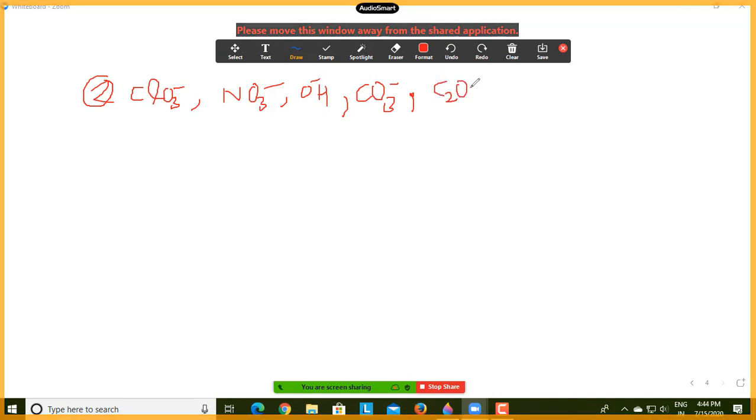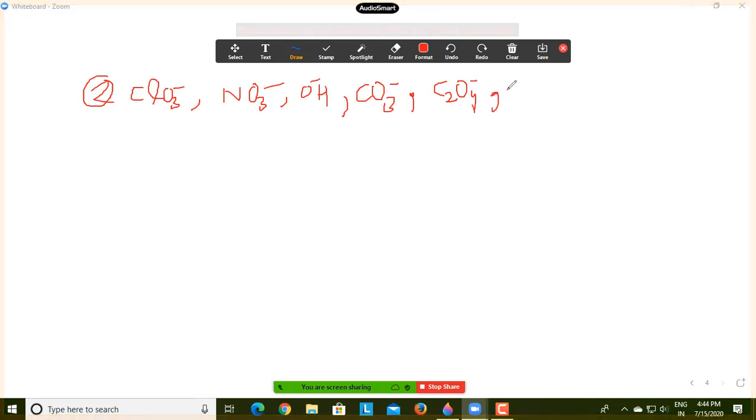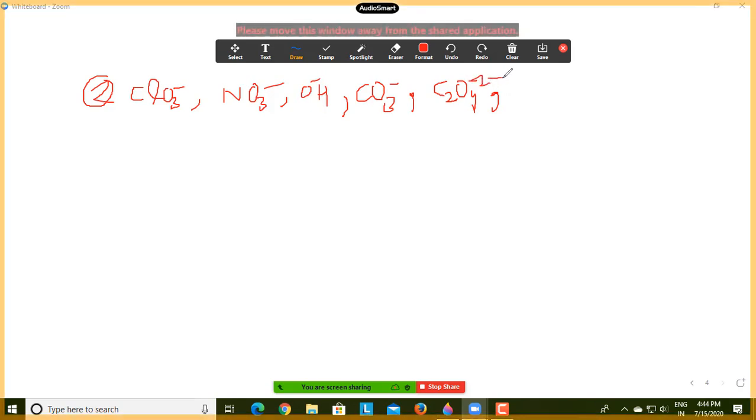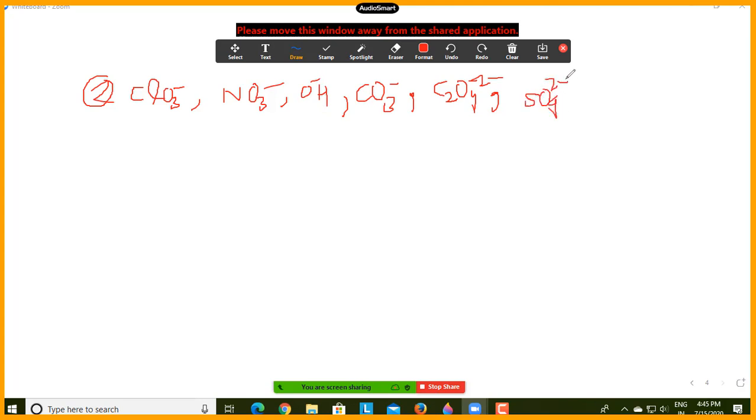So these are big anions. They do not follow the rule of lattice energy. They follow the rule of polarization. Why do they follow the polarization rule? Because they're big in size, so the lattice energy is extremely small.